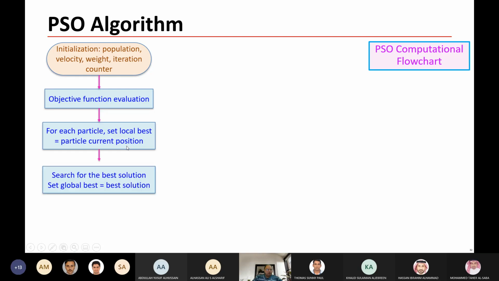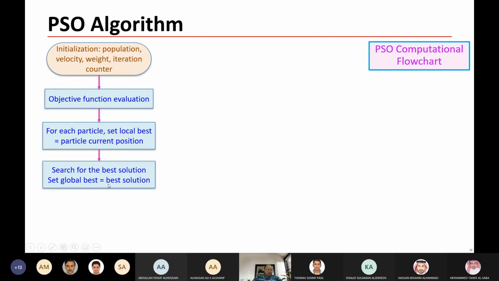Also you can search for the global best, the best solution with the minimum objective function, assuming that we are minimizing. So you have a local best for each particle, and you have one global best for all particles.